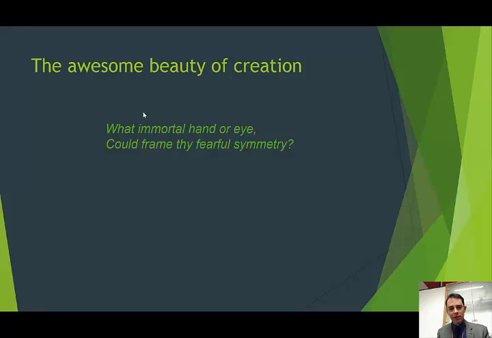So not only does God create the world, but think about this. If God creates ex nihilo, which means from nothing, then there was nothing to give him inspiration for the creation of the universe. So not only does God have to create the universe, he has to imagine the universe.